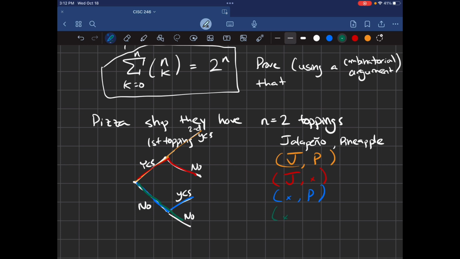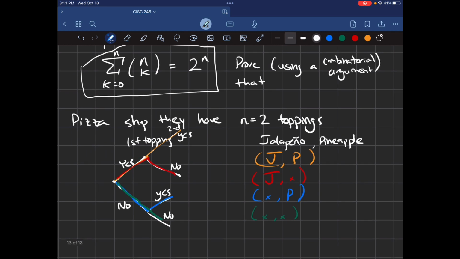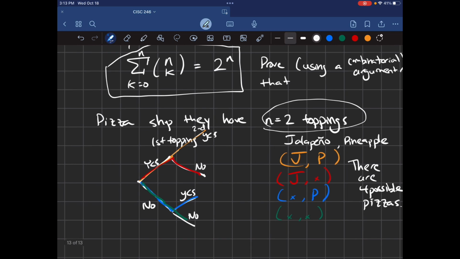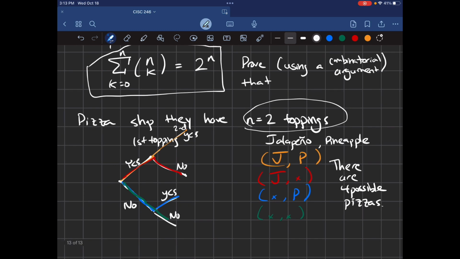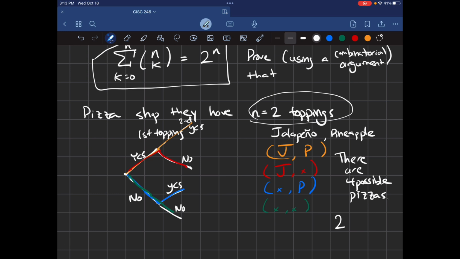So I'll say no and no. And those are the 4 possible pizzas. So with 2 toppings, there are 4 possible pizzas. Okay, so that seems plausible. So I would say 2 squared pizzas.